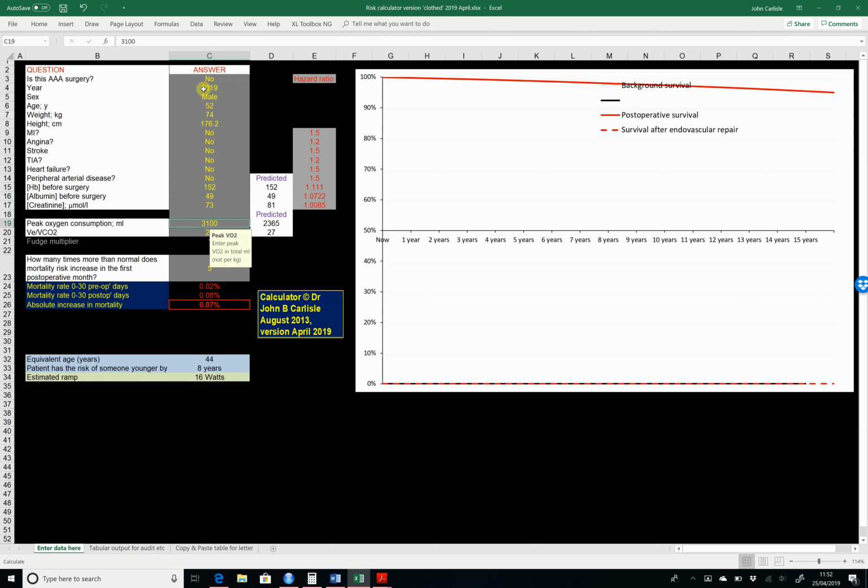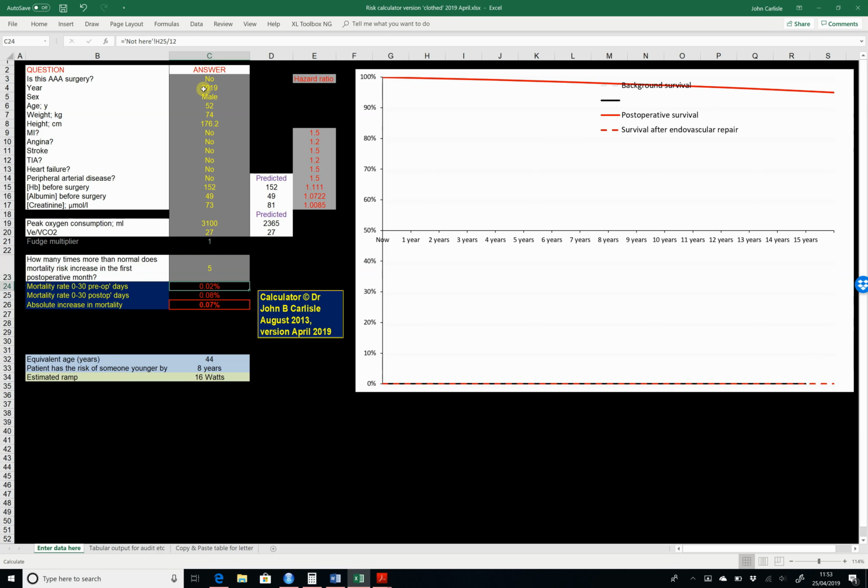Then either a measured or estimated peak oxygen consumption, a measured or estimated ventilator equivalent for carbon dioxide at the anaerobic threshold, or alternatively the slope, a fudge factor, which I won't talk about in this video, and then a number that indicates how much the person's mortality hazard increases after the operation.